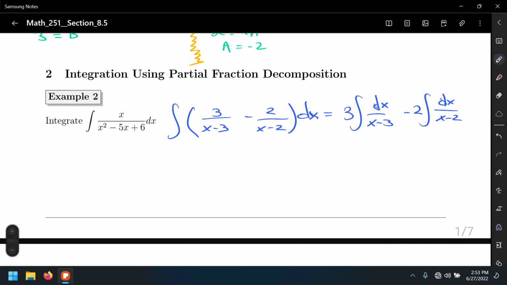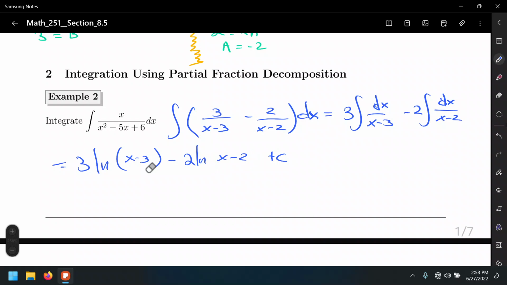These two integrals are really simple to evaluate. For this one, you don't even need the u substitution. So 3 ln of the absolute value of x minus 3 minus 2 ln of the absolute value of x minus 2 plus c. You have the absolute value. Exactly, I did that on purpose.